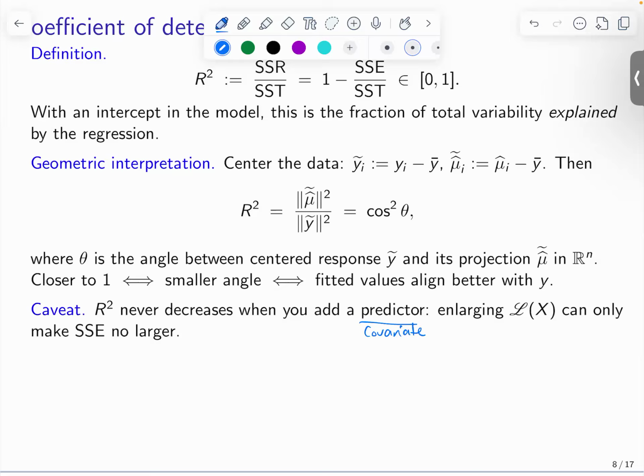And in the extreme, when you add n minus 1 variables and you have one intercept, you now have n plus 1 total coefficients in the model, and you have n observations. If your rank condition holds, then there's going to be a perfect fit. So you can explain all the variation. So this would be 1, but that's not good in general.